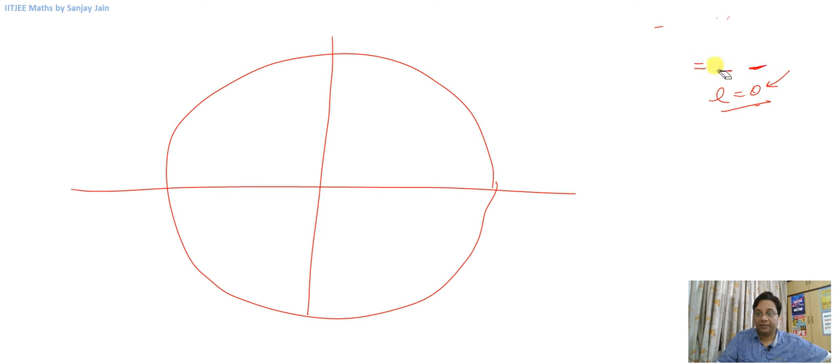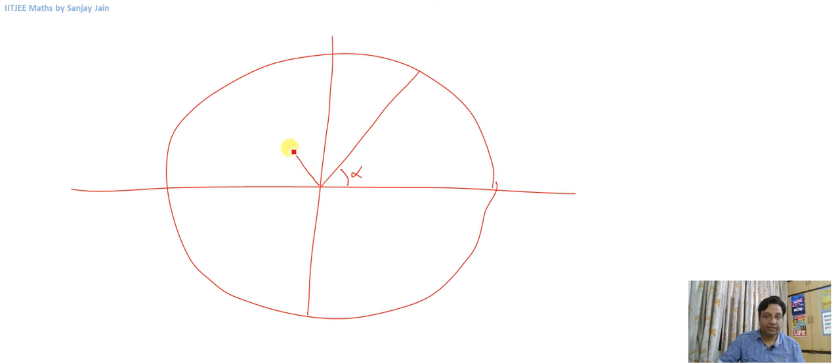All right. So in this circle, what is given in that book is, if I take any angle, let us say this angle, let us denote it by alpha, and then if I take this angle here and denote it by beta, what will be this total angle? This will be alpha plus beta, right?